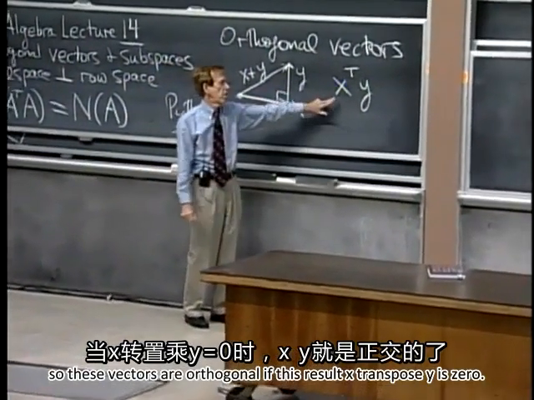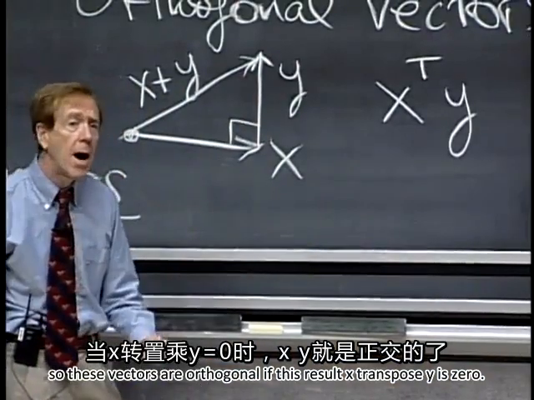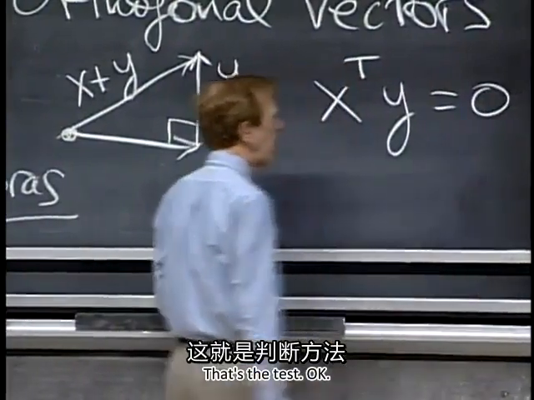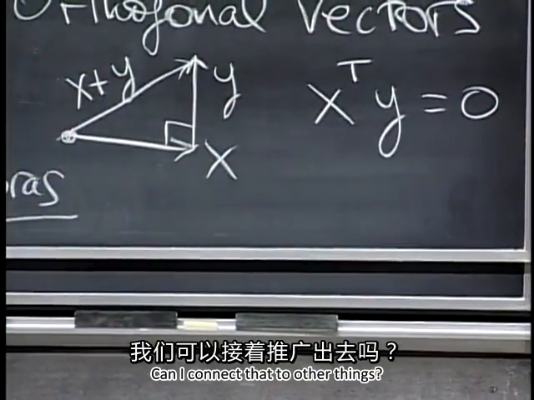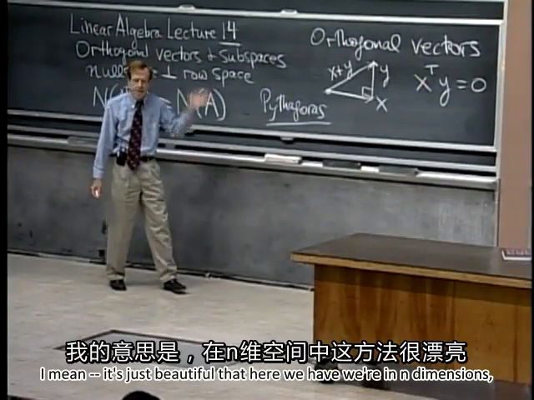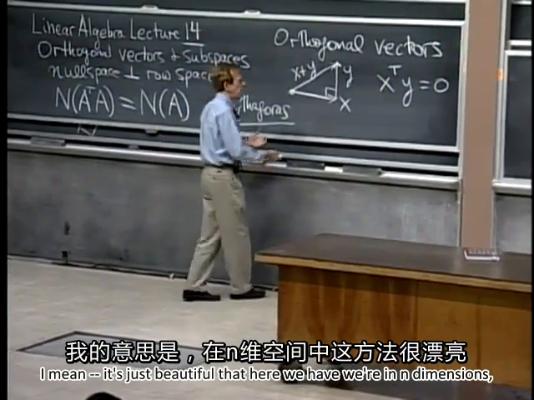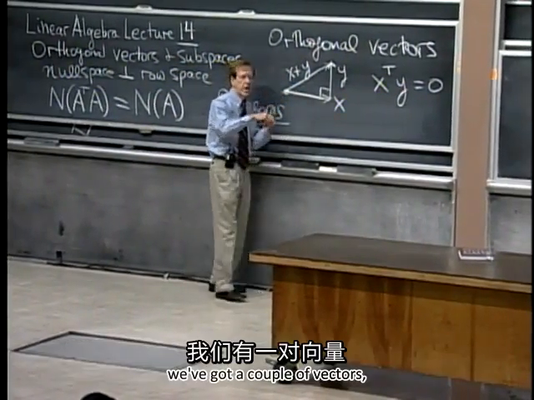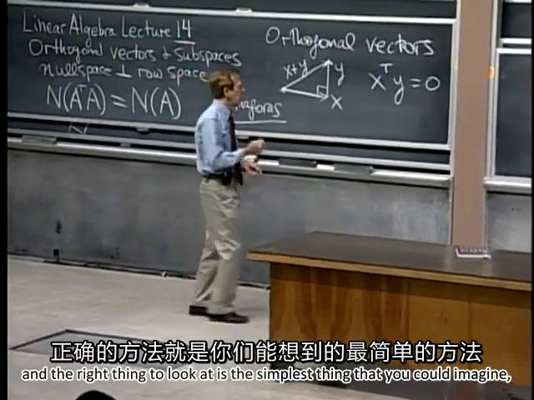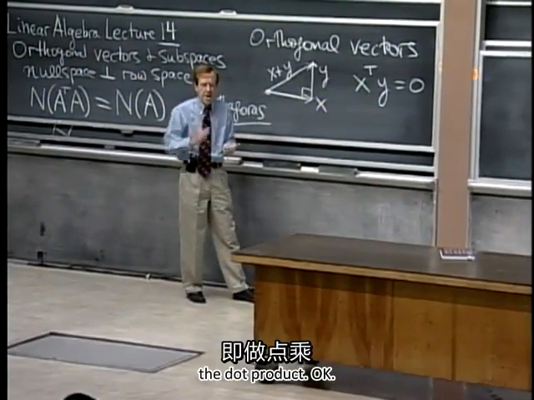So these vectors are orthogonal if this result, x transpose y, is 0. That's the test. Okay. Can I connect that to other things? It's amazing. It's just beautiful that here we're in n dimensions. We've got a couple of vectors. We want to know the angle between them. And the right thing to look at is the simplest thing that you can imagine, the dot product.